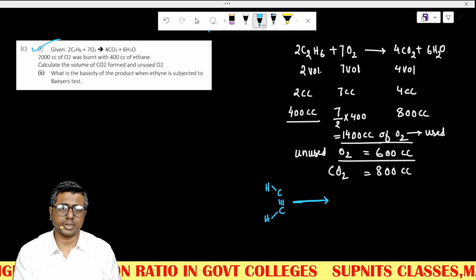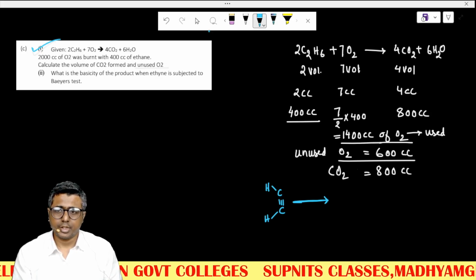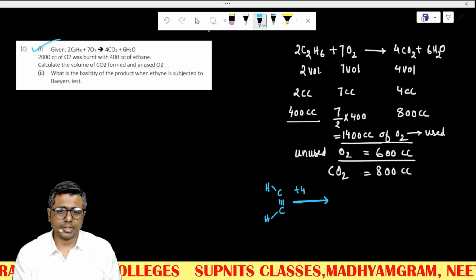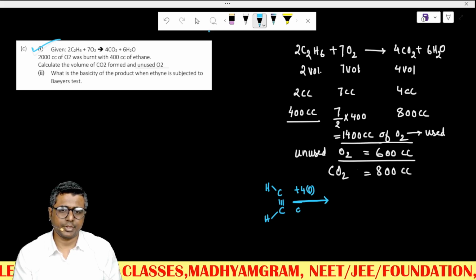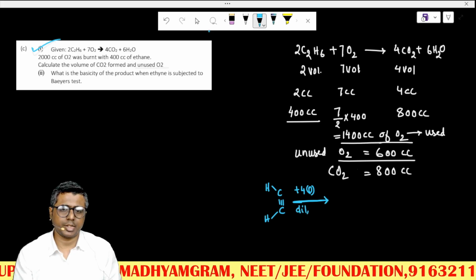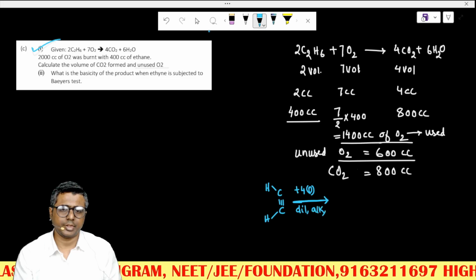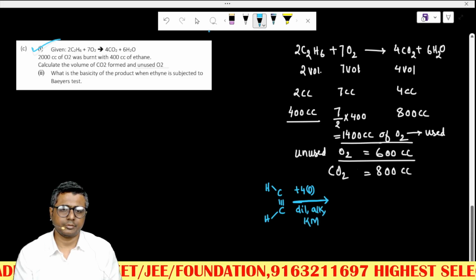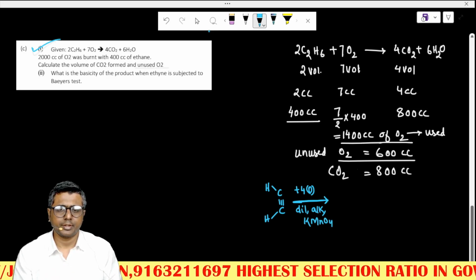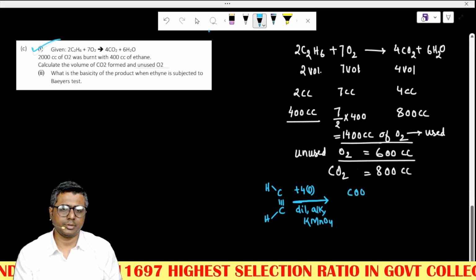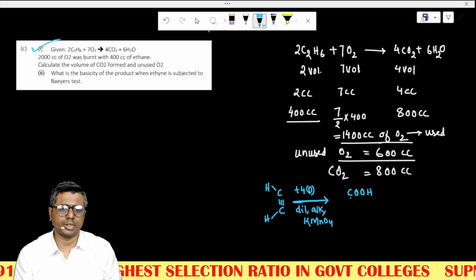Structural formula. So if I give alkaline KMnO4, that is cold dilute alkaline KMnO4, I am not going through the detailed reaction that is done in class. I am just showing you the product, which is oxalic acid.